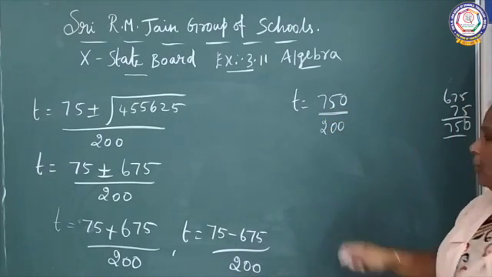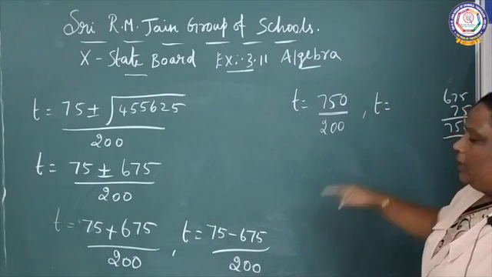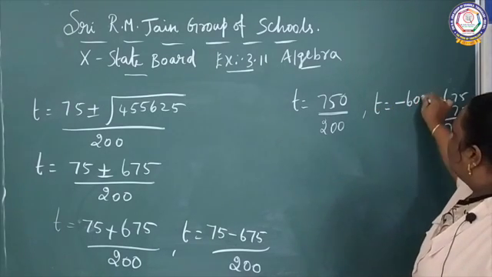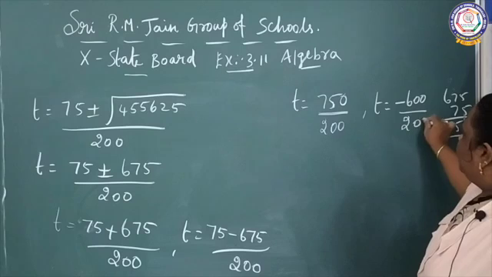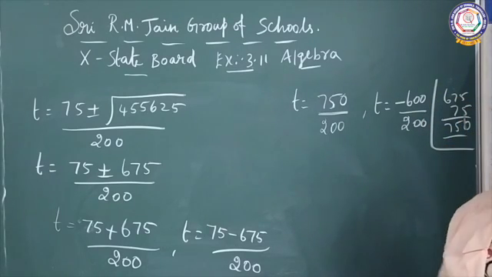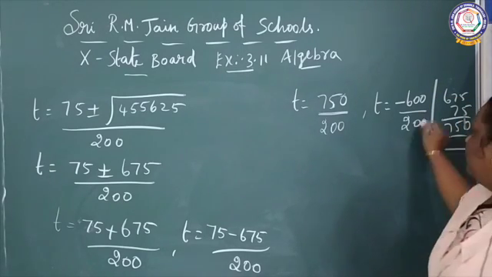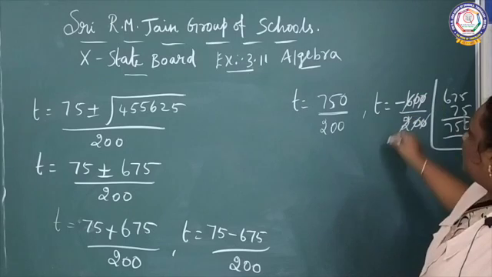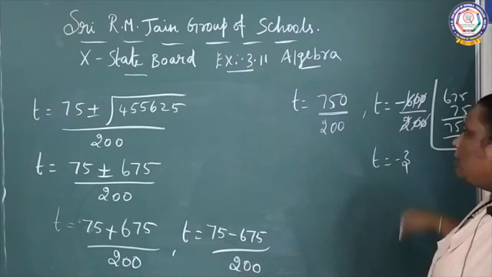And t equals minus 600 by 200. Cancel. What is the value you are getting here? t equals minus 3.